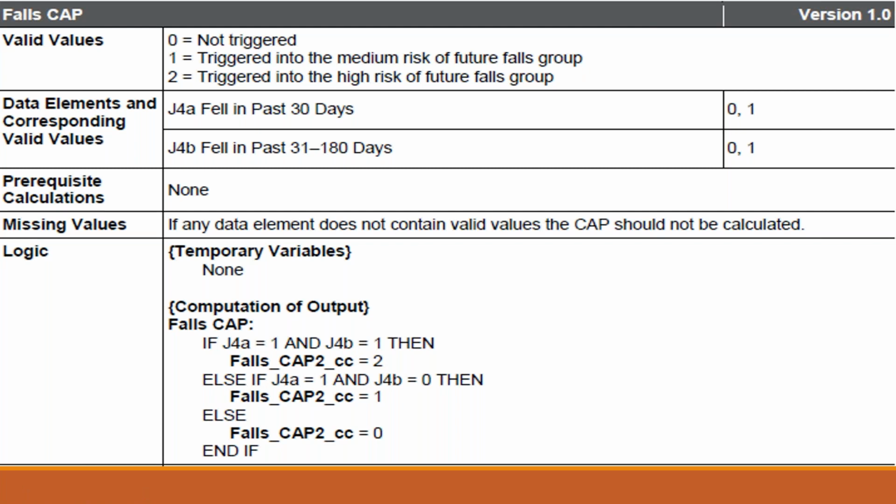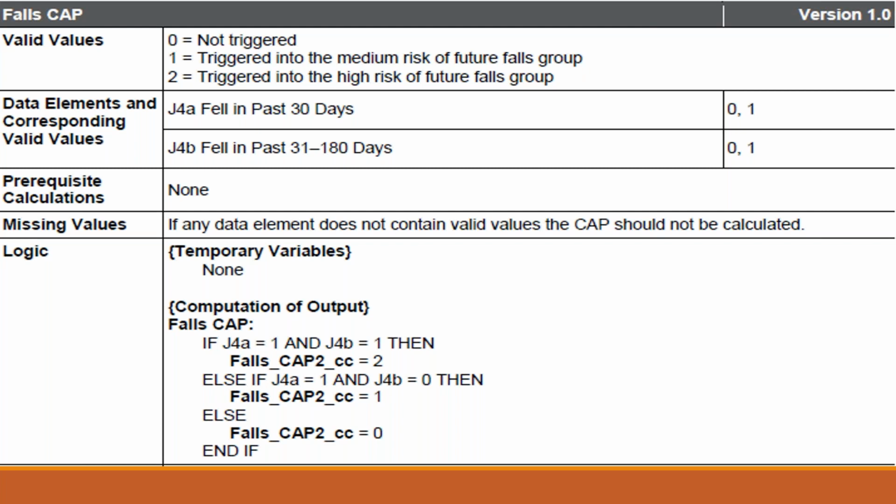If you fell in the last 30 days but you didn't fall in the last 31 to 180 days, you're going to be considered a medium risk, else you're not considered a risk. I just happen to think it's a really, really weak predictor of risk. And the real major things that we want to know about, I would say, are the ones that we saw that were in the RAPS to begin with. So I do not look forward to us changing to CAPS from RAPS.